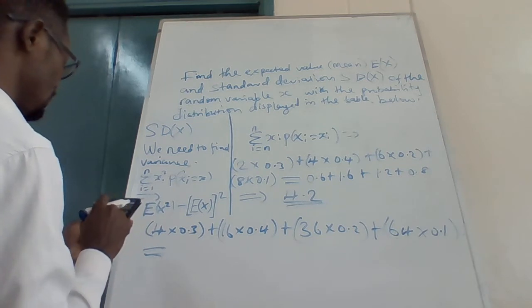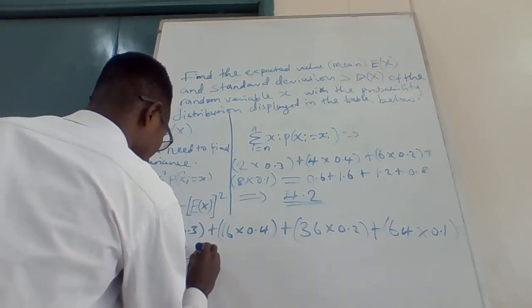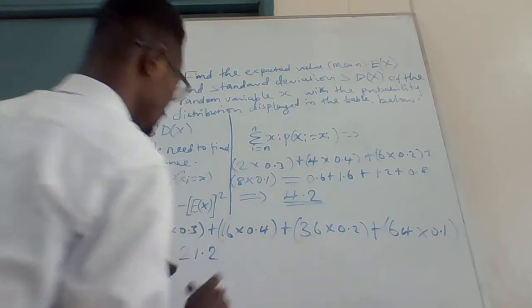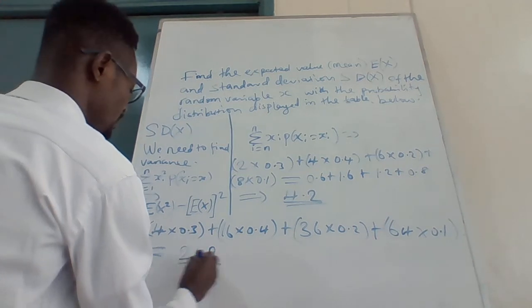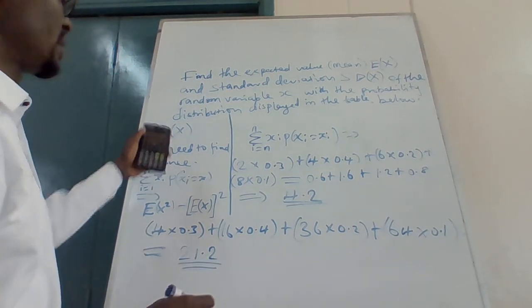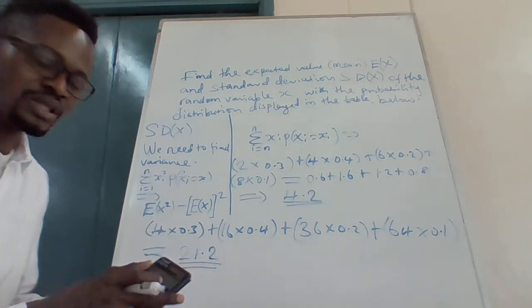So you have 21.2. This value here is our E of x squared. You need to pay attention to this.